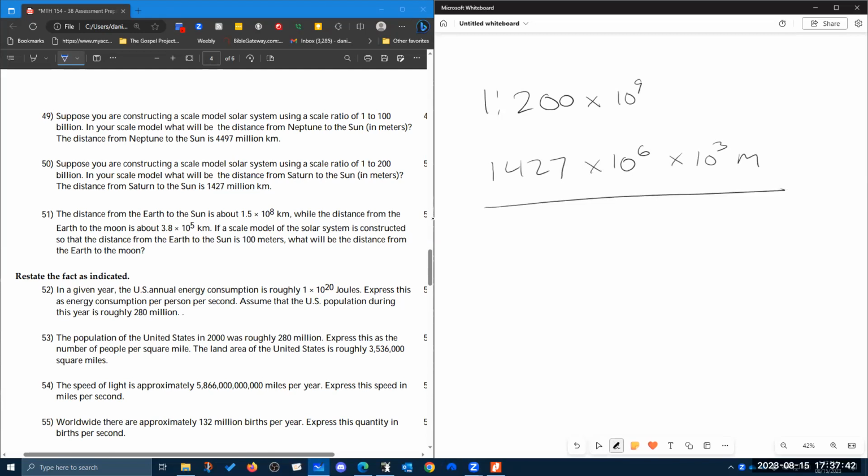And we want the distance in meters. This 10 to the 9th is going to cancel with that. So this is going to be 7.135 meters in the scale model.